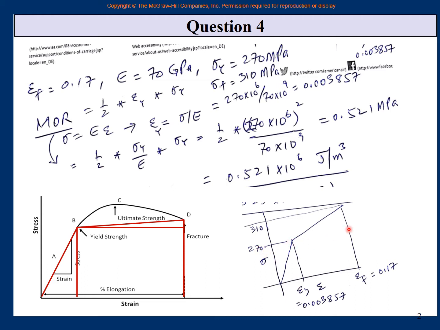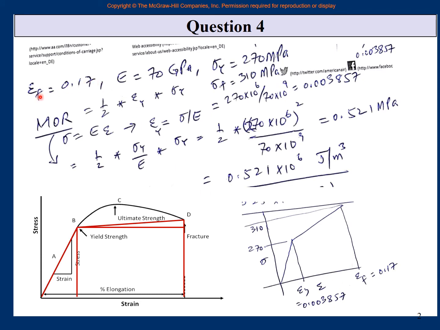And this rectangle has length epsilon f, which is known, minus epsilon y, and the height is only sigma y. So this is solved. And this triangle is half this length into this length: epsilon f minus epsilon y is this length, and sigma f minus sigma y is this length. So all will be known.